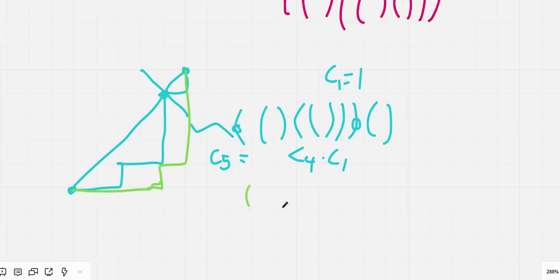Then we would have an open set of parentheses, then 1, 2, 3, and then close, open, close, close, close.